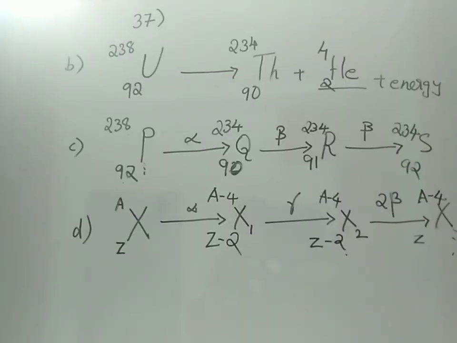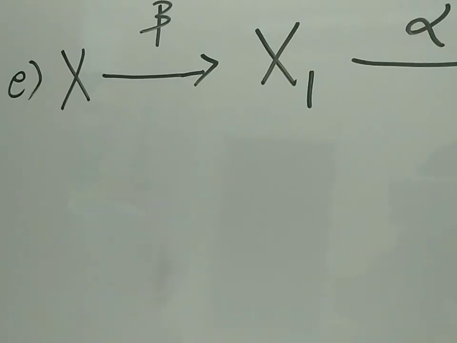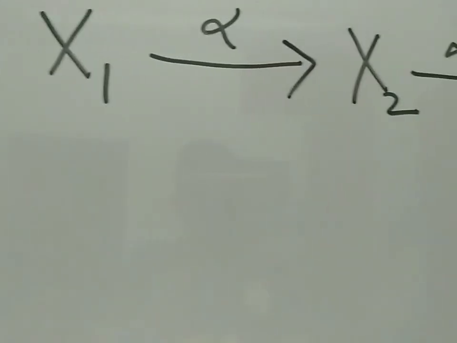The question number 37 B, C, D. Always keep in mind, alpha particle: mass number minus 4, atomic number minus 2. For a beta emission, mass number no change, atomic number plus 1. Now this question number 37E.